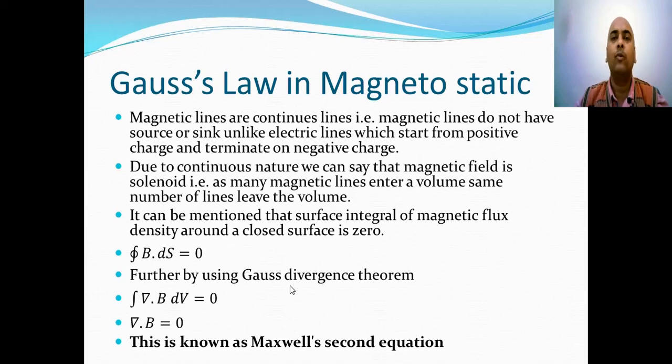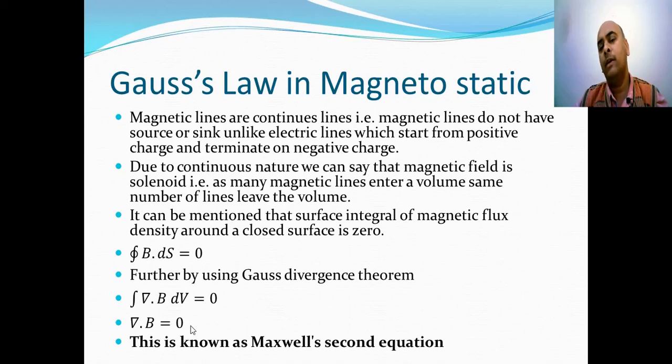Further, by using Gauss divergence theorem to convert the surface integral into a volume integral, we can write this equation as the integral of divergence of B over volume V is equal to 0, or we can say that divergence of B is equal to 0. So this is Maxwell's second equation in differential form.